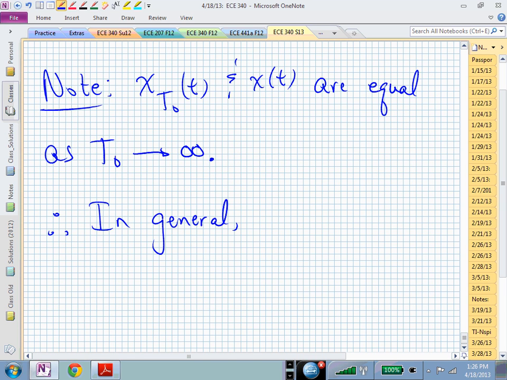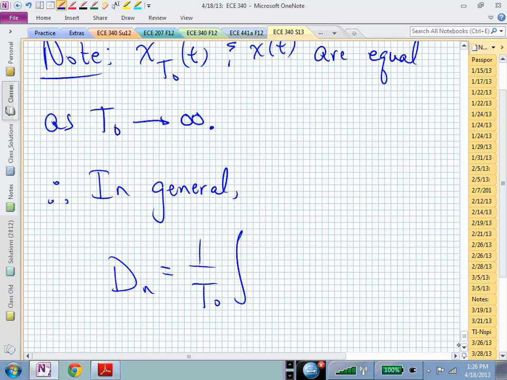In general, then, we have d sub n is equal to 1 over t naught, the integral from minus infinity to infinity. It's not our periodic extension now, it's little x of t. We've let t naught go off to infinity in the limits on our integral, and we've now allowed little x sub t naught in the limit to become little x of t.